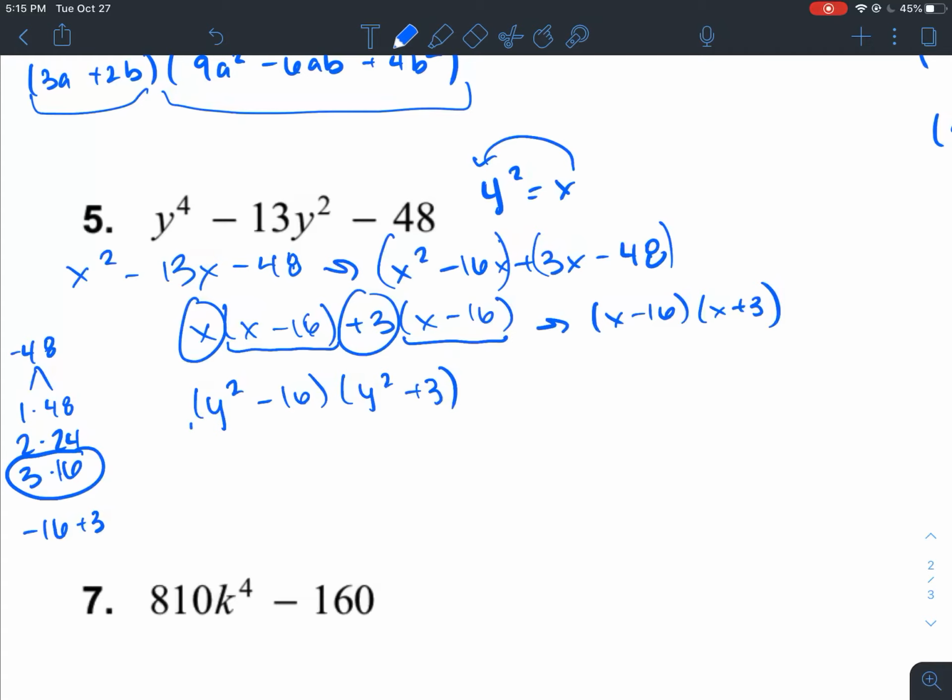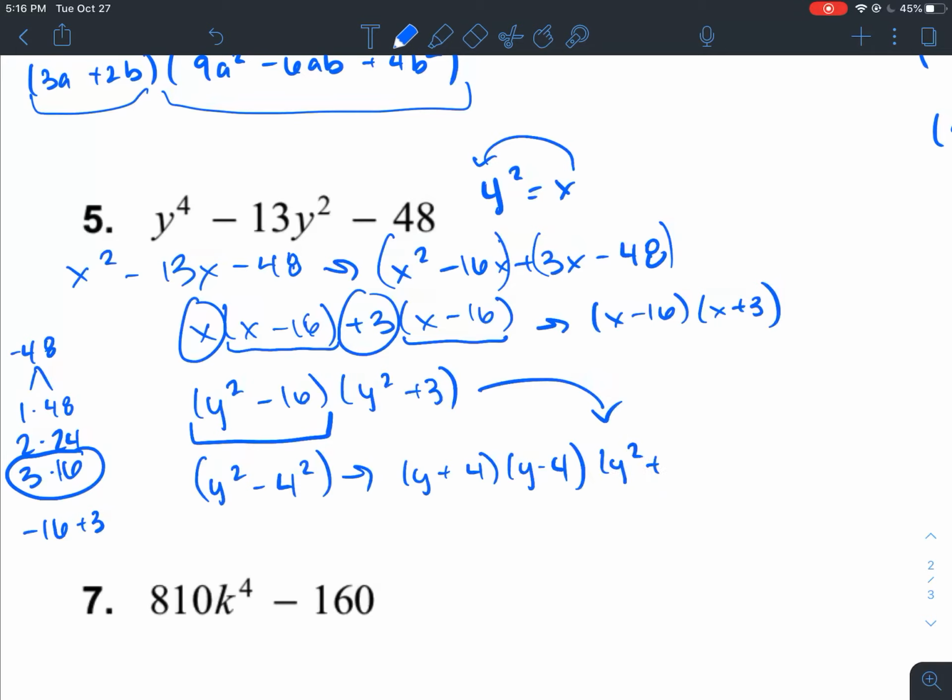And one more time I can break this down, because this is equal to y squared minus 4 squared, and then that is equal to y plus 4 and y minus 4. And then we have this term right here, y squared plus 3. So right there, that's factored completely.